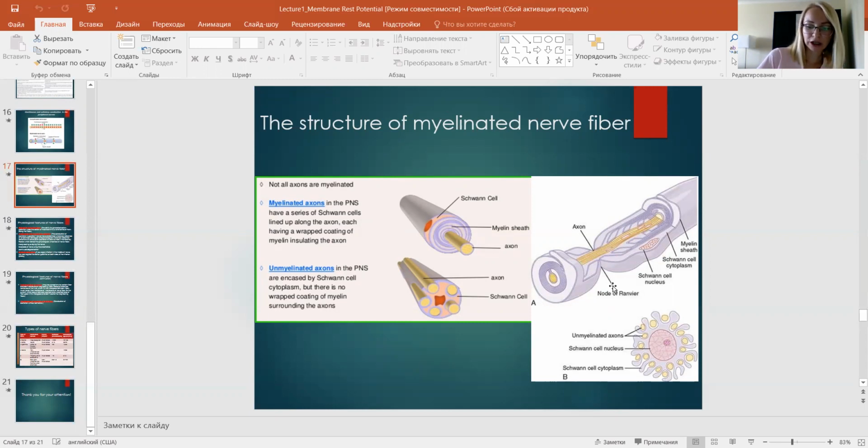So excitation can occur only at those zones where there is no myelin, so only in the nodes of Ranvier. That's why the action potential jumps from one node of Ranvier to the next one. That's why propagation of the action potential in myelinated nerve fibers is much faster.